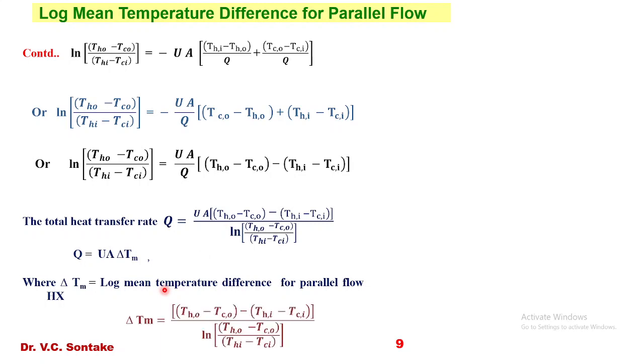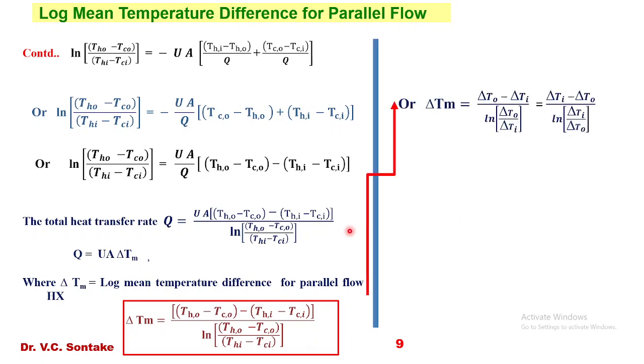Comparison of these two equations will give me the expression for LMTD for parallel flow: delta Tm is equal to THO minus TCO minus THI minus TCI over log of THO minus TCO over THI minus TCI. So this is the expression for LMTD for parallel flow heat exchanger.